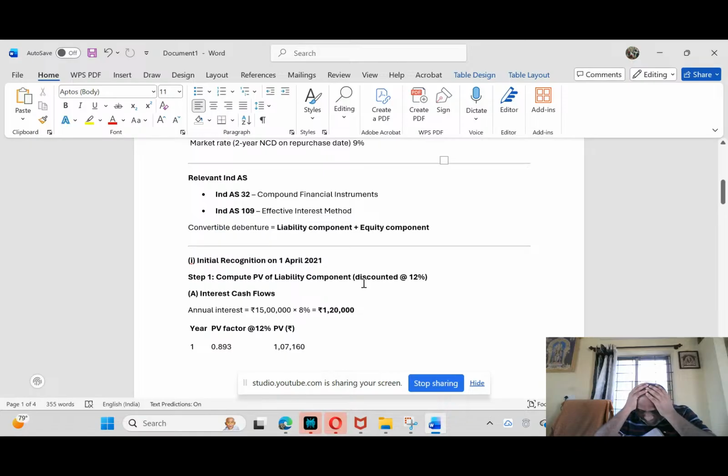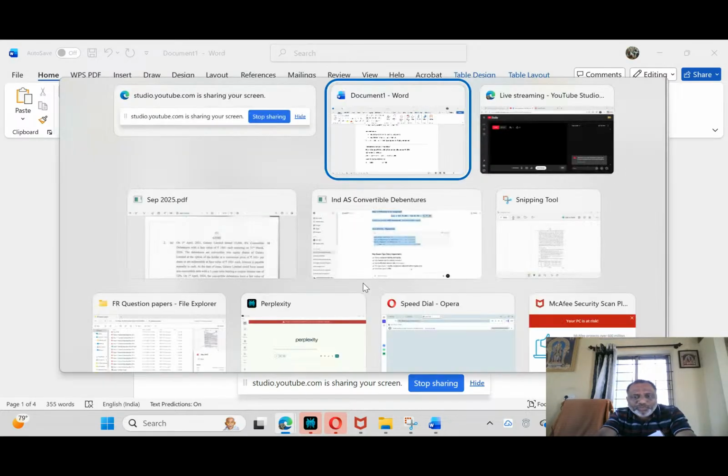Why 12%? Market rate of interest is 12%.